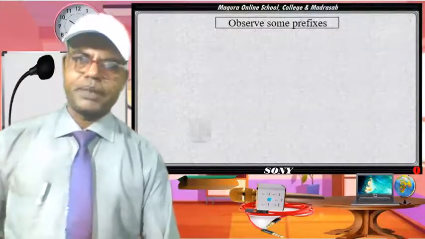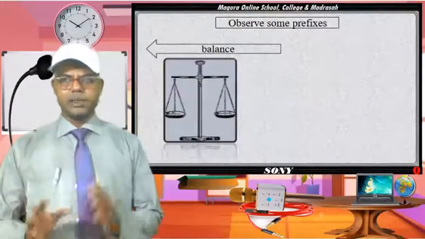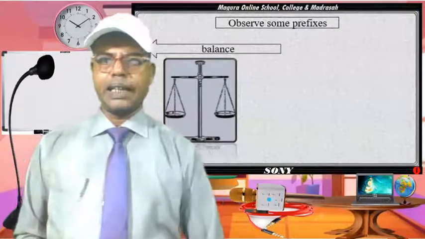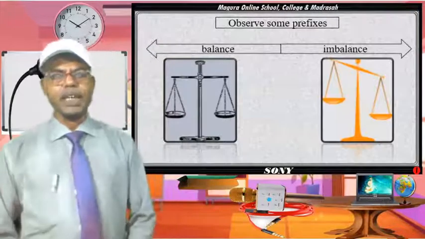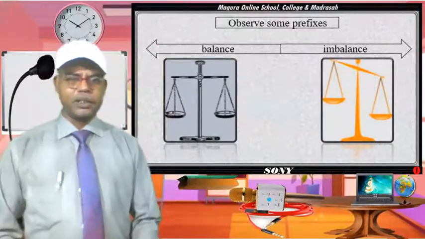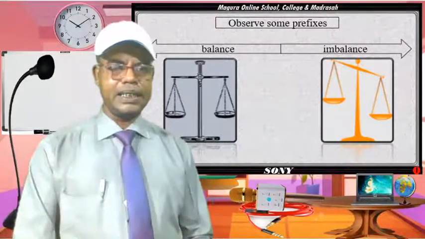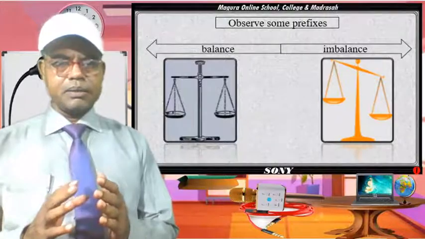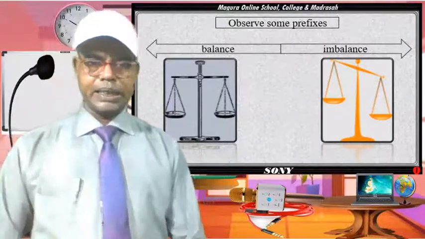Observe some prefixes. You see a picture, balance. Next picture, imbalance. So, im is added at the beginning.